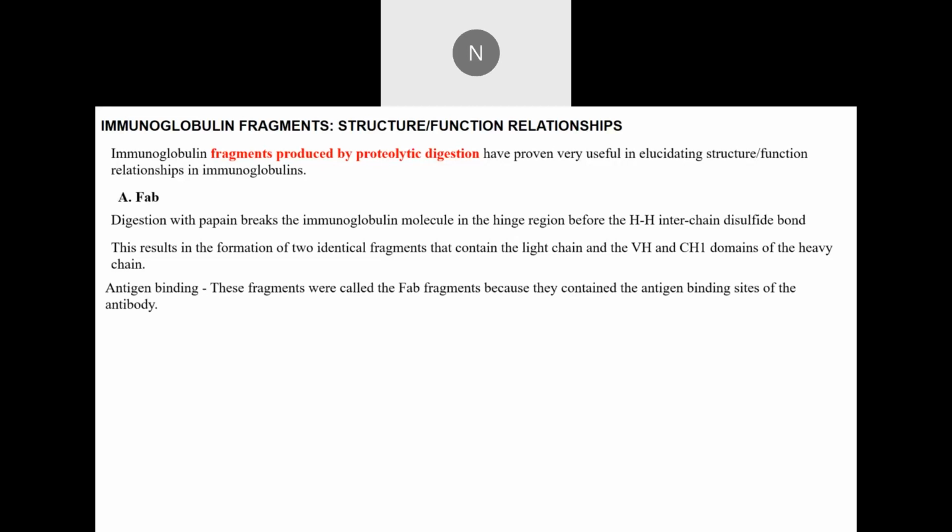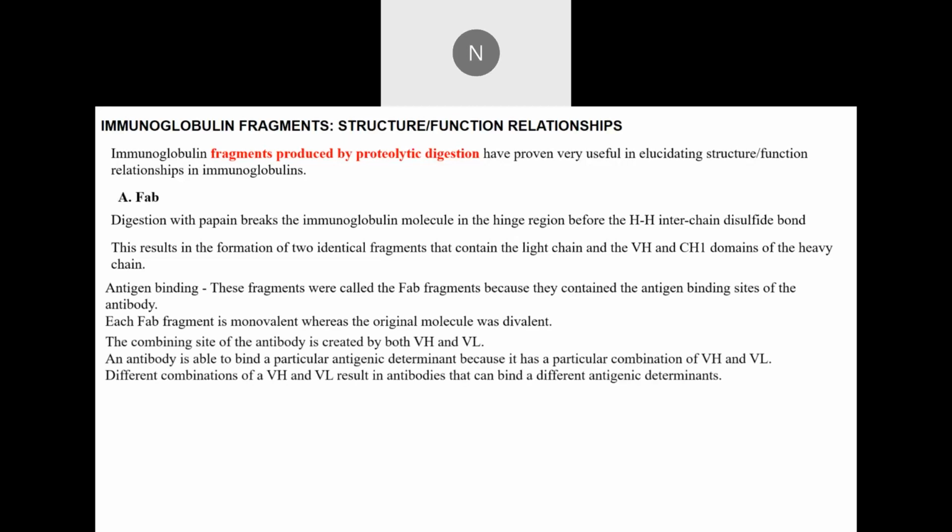So FAB stands for fragment with antigen binding site. Each FAB fragment is monovalent, whereas the original molecule was divalent. And the combining site of the antibody is created by the variable heavy and light chains.